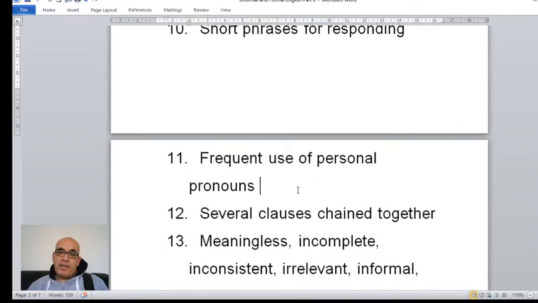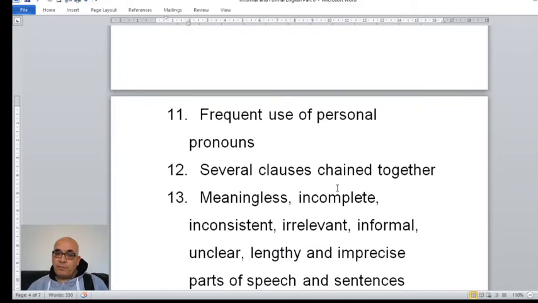Personal pronouns, again, at university it's not a good idea to use a lot of I or we. So if you say I think the idea is correct, you have to say it is thought that the idea is correct. It is better not to use personal pronouns in your academic writing.